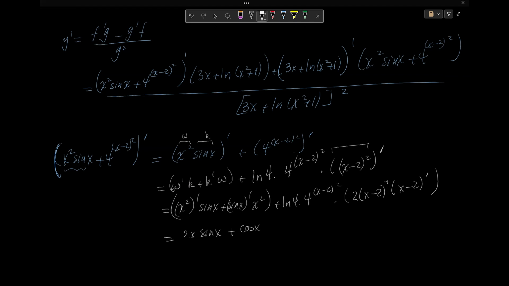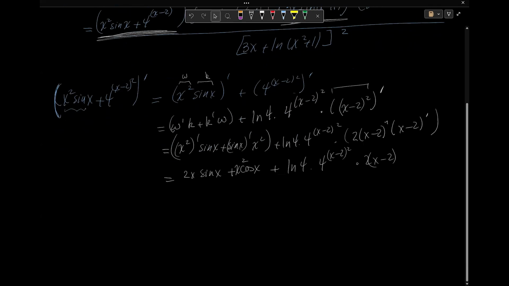Derivative of sine x is cosine x times x squared. Plus derivative of x minus 2 is just 1. So plus ln of 4 to the x minus 2 squared times 2x minus 2. Like this. Okay? And this is just this. Now let's do this. And then we'll go in and plug them in.